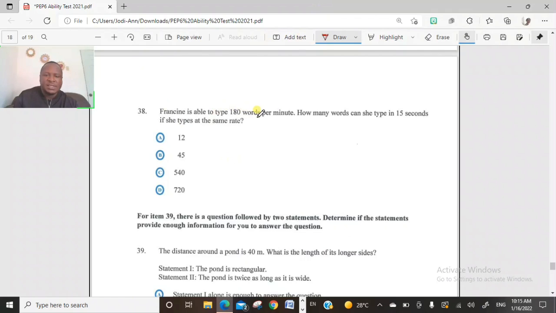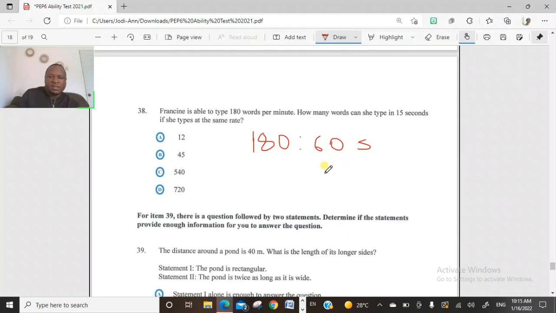We have 180 words per minute, and we're looking at seconds now. So that's 180 words to 60 seconds.